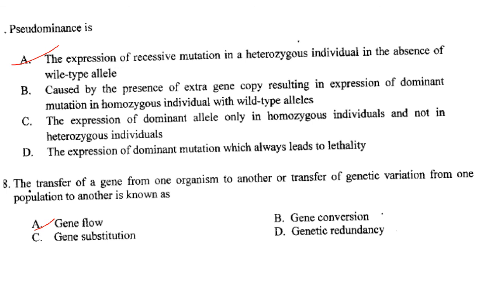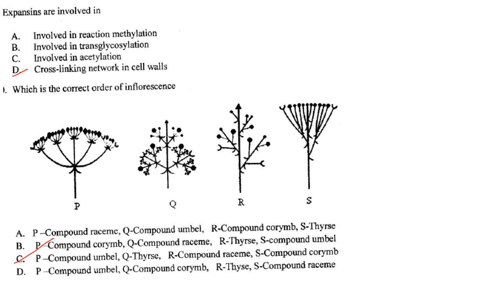Then expansins are involved in cross-linking network in cell walls. Answer is option D. Then what is the correct order of inflorescence? So this is the case of compound umbel. In compound umbel, all the umbel inflorescences arise from a common point and appear to be at about the same level.